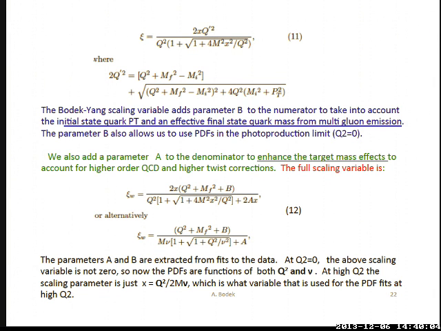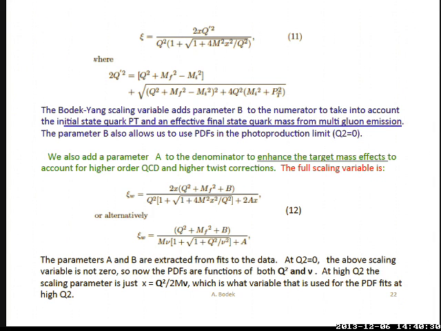I'll lump it all together into one parameter, B, which I needed before to get the photoproduction to work. So this B takes care of all this mess on average. Actually, the final quark mass may not be equal to 0. There are all kinds of gluon emission, so maybe it has some effective mass. This effective mass will be taken care of with this parameter B.